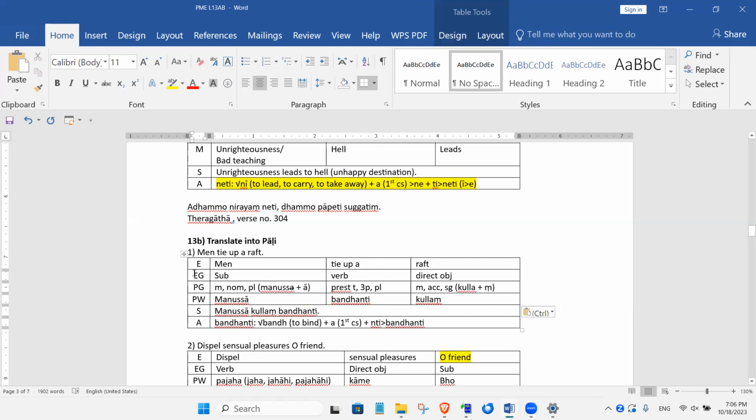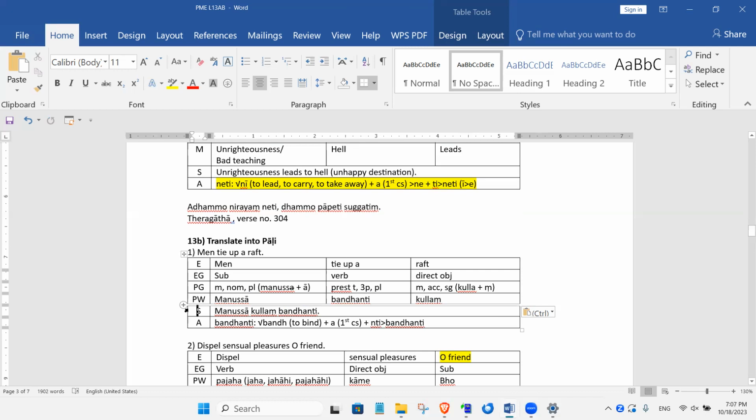So the grammar should come before the word. So you know this is present tense, third person plural. Then you know it's badanti, all right. Then you know it's a masculine accusative singular, kula plus m, kulam. Then you know manusa kulam badanti. So you should do it in this way: English first, Pali grammar, Pali word, and then the sentence.